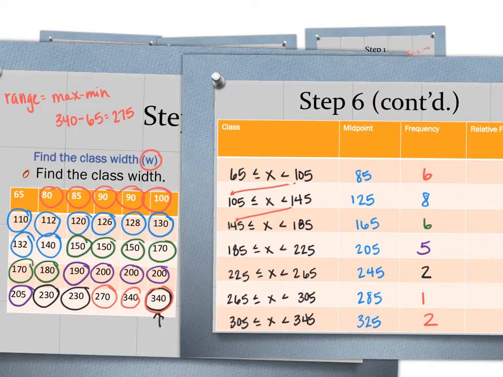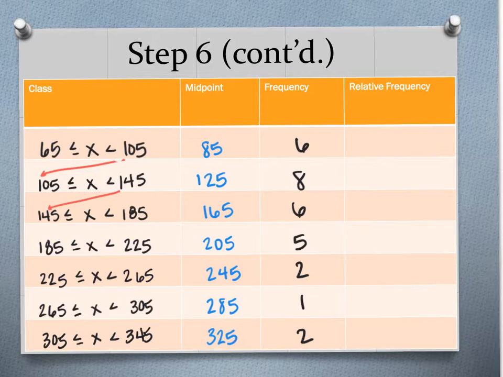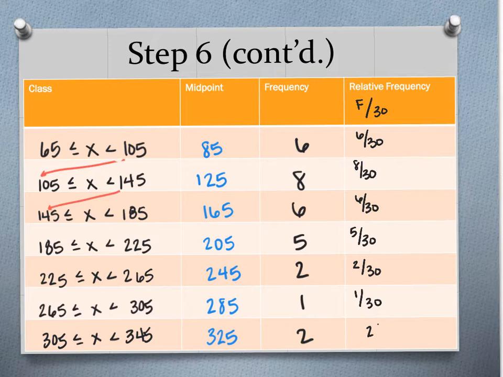Now, to calculate the relative frequency, we just take each frequency and divide it by the total. So we have 6 divided by 30, 8 divided by 30, 6 divided by 30, 5 divided by 30, 2 divided by 30, 1 divided by 30, and 2 divided by 30.